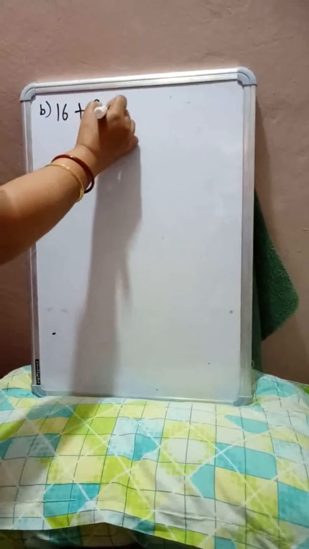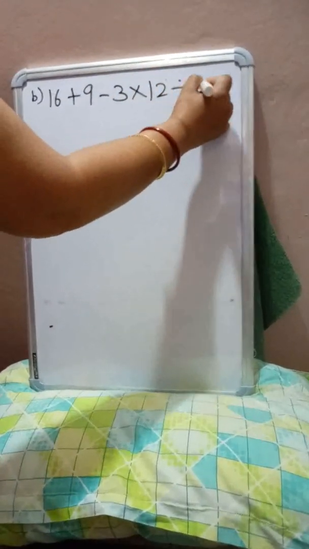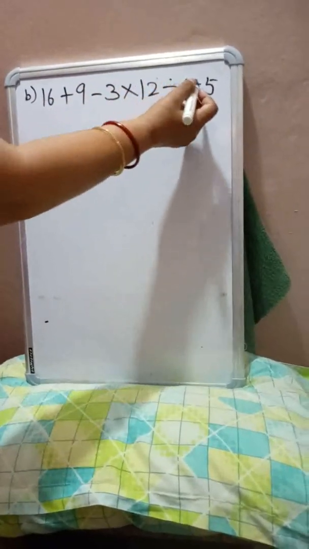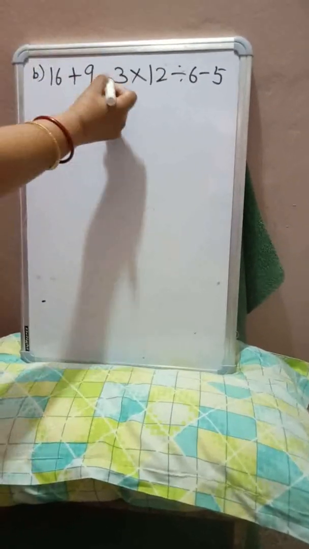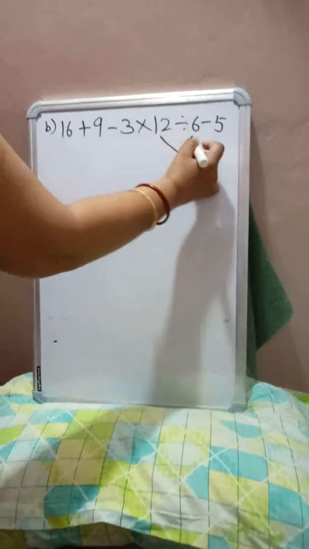Another example is B: 16 plus 9 minus 3 multiplied by 12 divided by 6 minus 5. Here plus, minus, multiply, division, minus. All 4 operations are there and the minus sign is repeated. Right. So firstly we will do division.